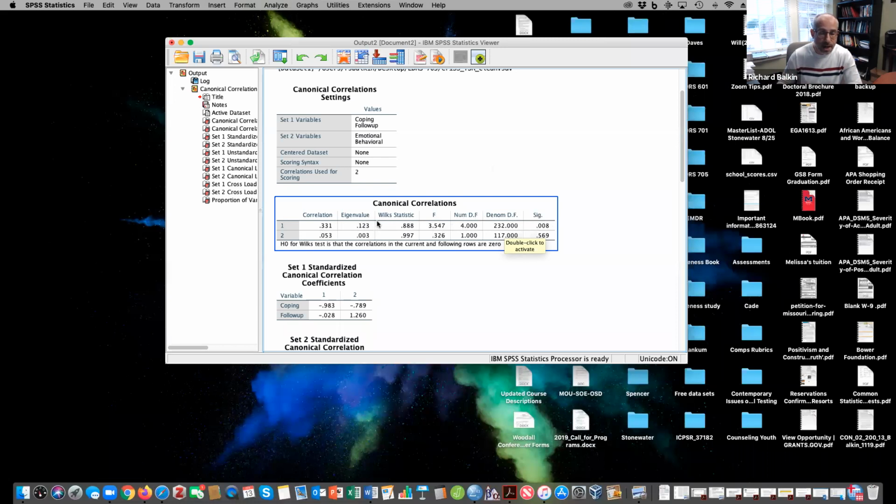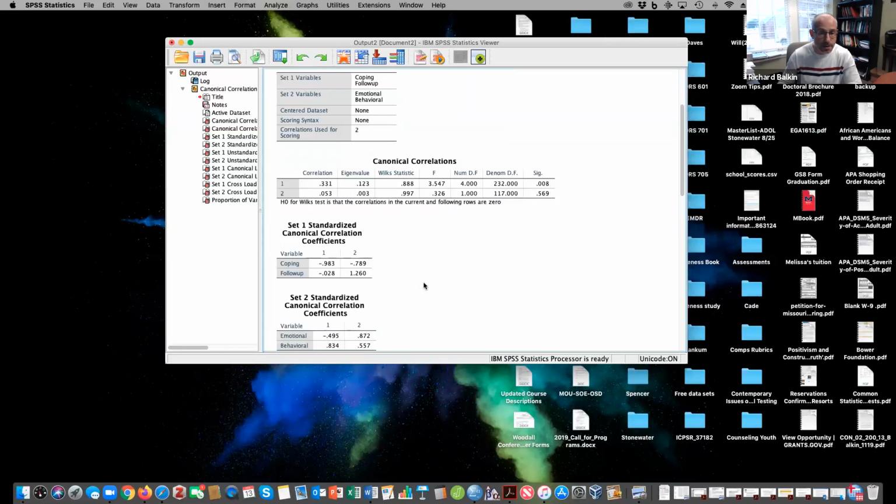We can look at the eigenvalue, and we can see about 12.3% of the variance is accounted for by the first canonical correlation. But the second one is not significant, so we're only going to look at the first one.